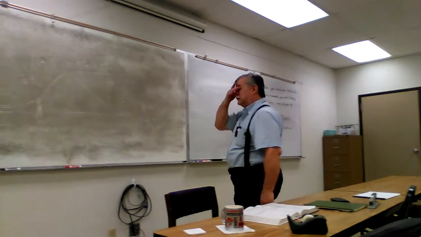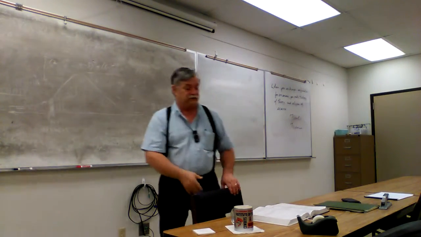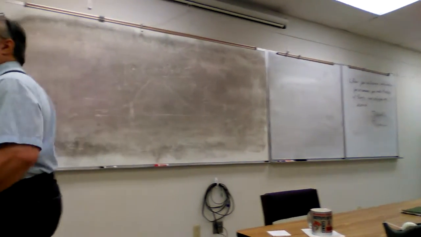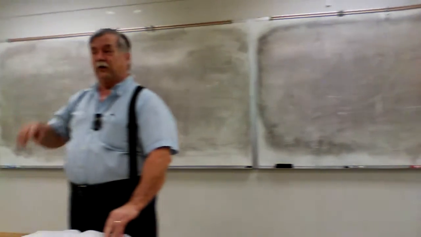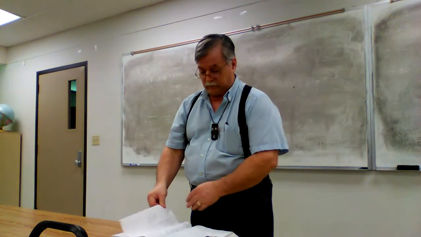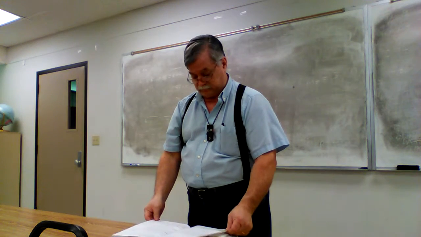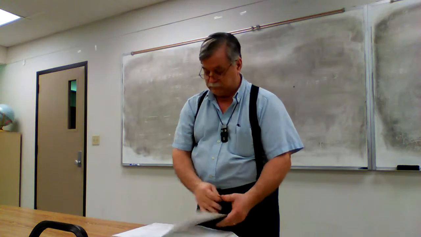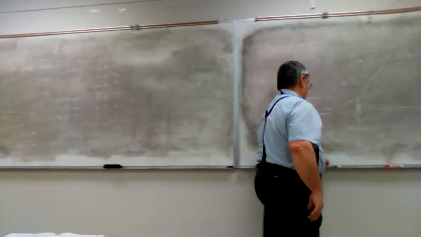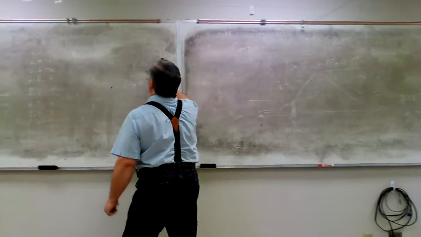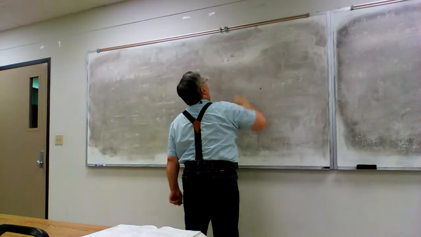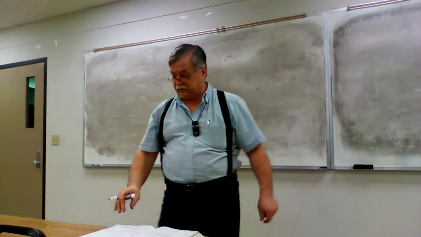I do want to go back and take a little more time going through this charging and discharging of a capacitor. Look at the voltage as it develops across a capacitor when it's in series with a resistor.